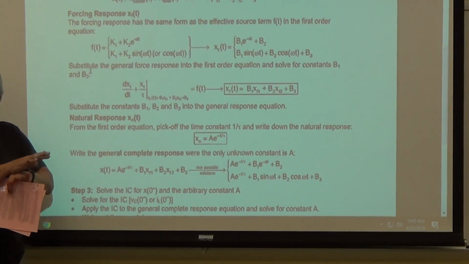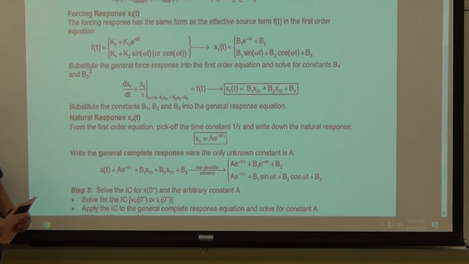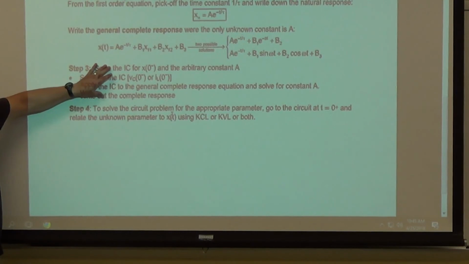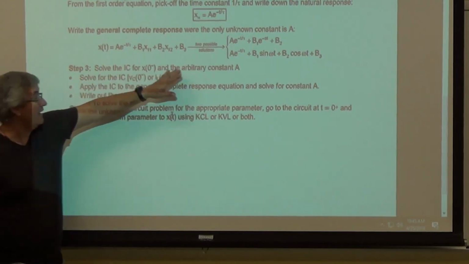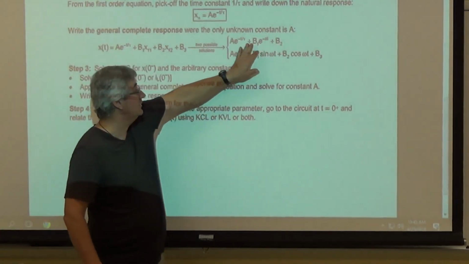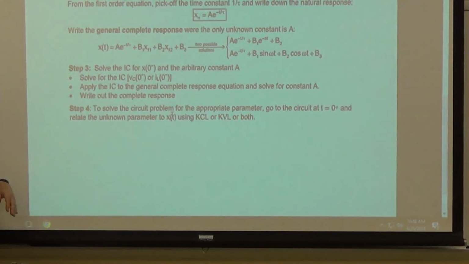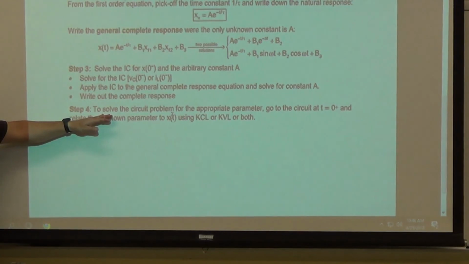So all the time dependence cancels out. That allows me to solve for the constant A. So I get A, so now I have my full solution. I have numbers in all of these equations, and so now what do I do? I have to go solve the circuit problem.